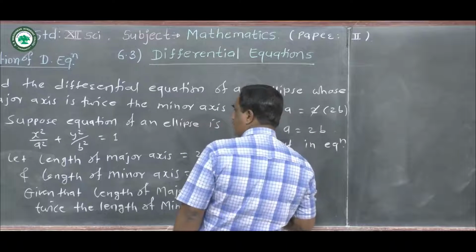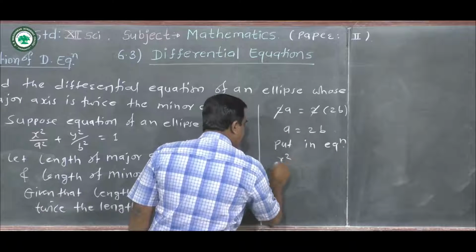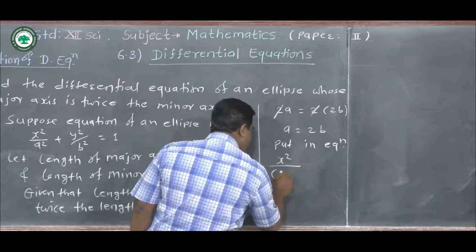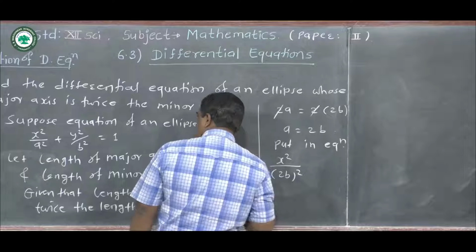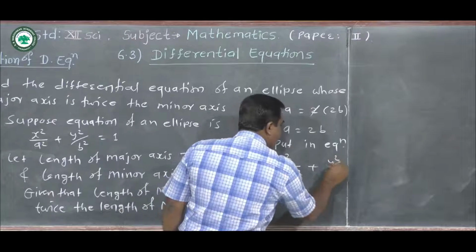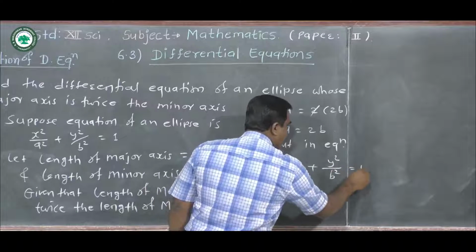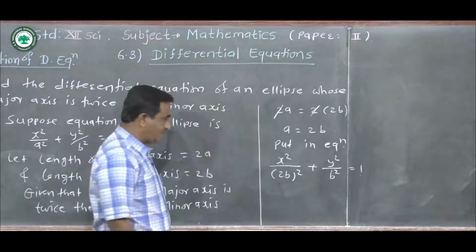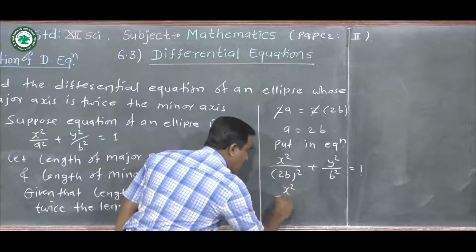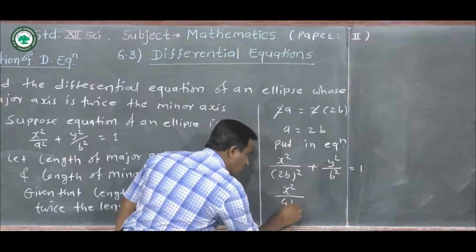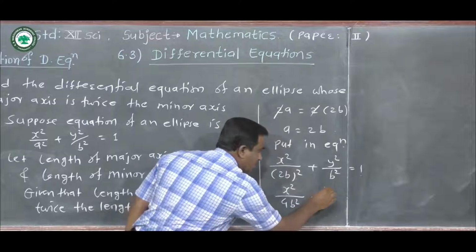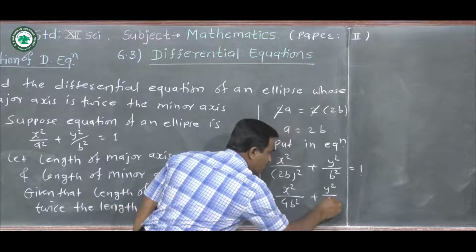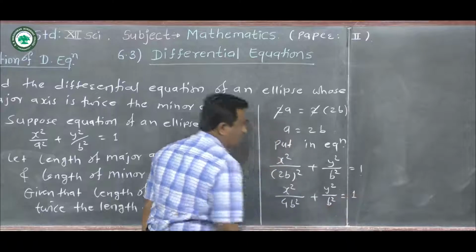Therefore equation 1 becomes x square upon a, means 2b bracket square, plus y square upon b square is equal to 1. That is, x square upon, taking square, we can write here 4b square plus y square upon b square is equal to 1.